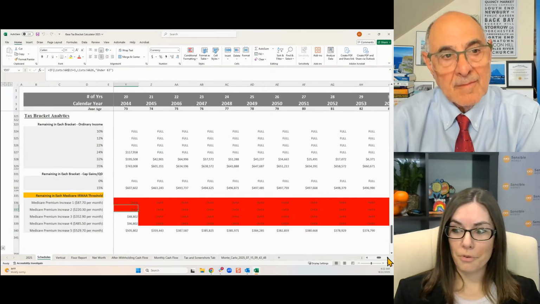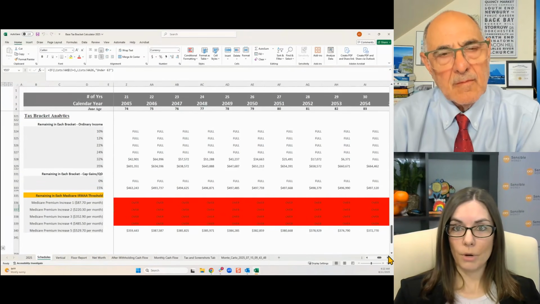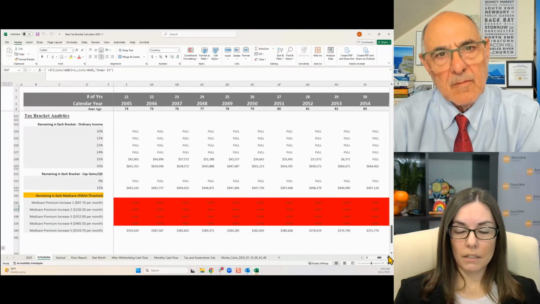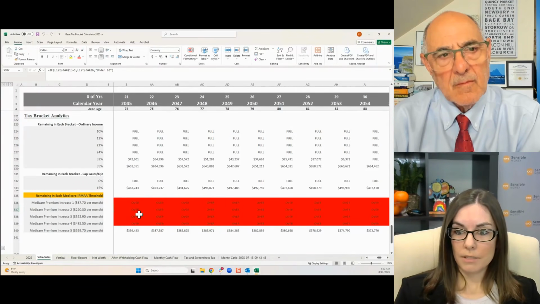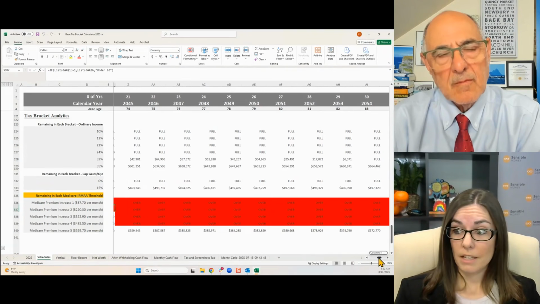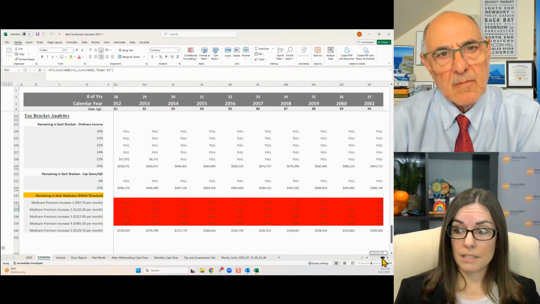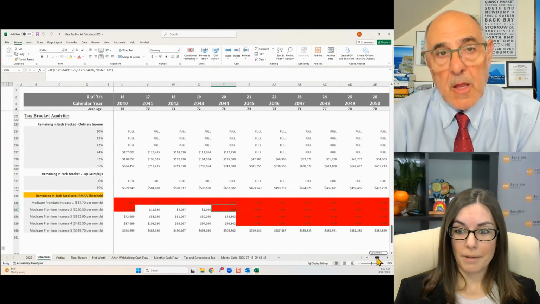You see the word over. And what that's just saying is by kicking the tax can down the road, by just delaying her IRA withdrawals, she has the potential to be in a really high Medicare bracket for the bulk of her 70s and beyond. And so that can have a big impact on expenses later in life. Any questions on that, Bob?